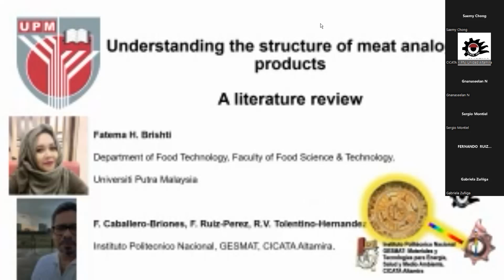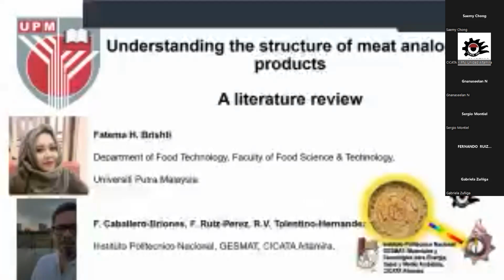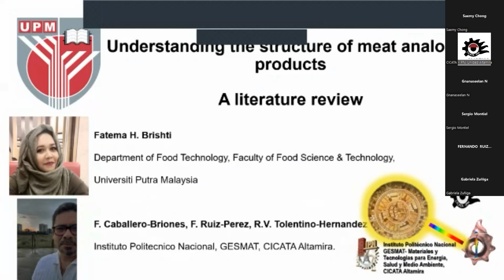So it is a trend. It's a world trend now that is already available for large consumers. So you heard the benefits of plant-based analogs: environmental and health benefits together.